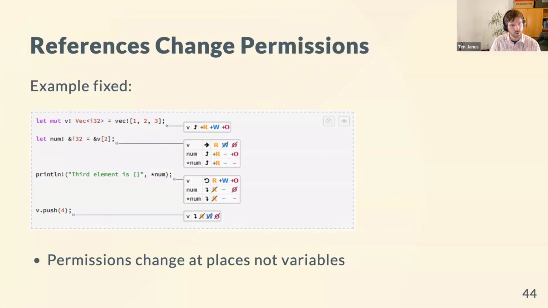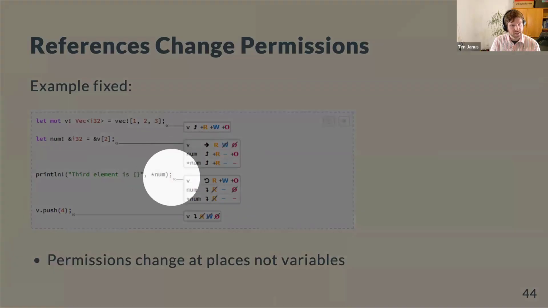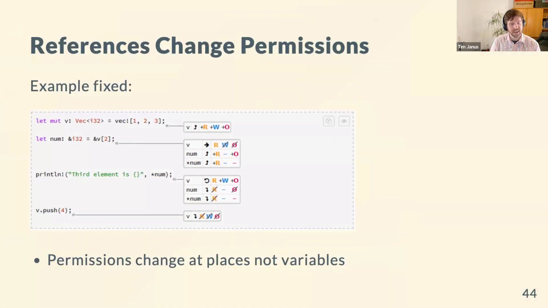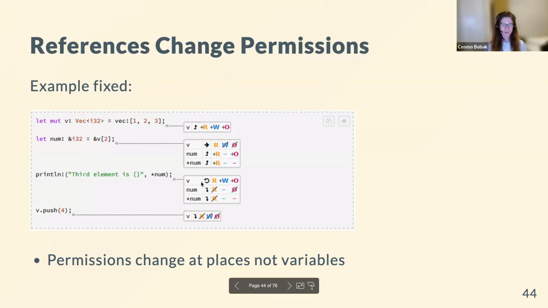Because the Rust compiler knows the num reference is not used after that line, it changes the permissions at that place in the code. So for clarity, what you're showing here is that the Rust compiler detects that this is the last place num is used, and so v gets its permissions back because num is going away.